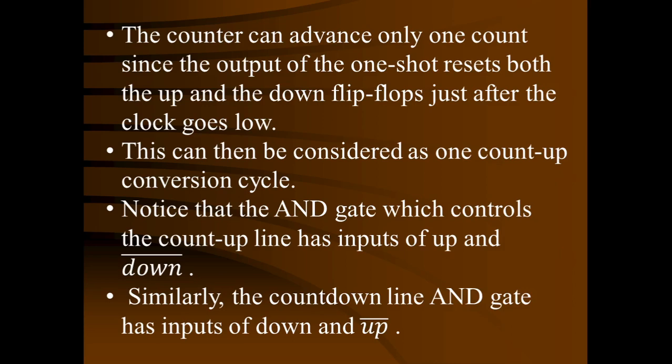That positive pulse is available to the reset terminals of both the up flip-flop and the down flip-flop. So both flip-flops are going to be reset. This convergence is called a one count convergence. So in one clock pulse it is going to be converted, and after that it is going to be stable.